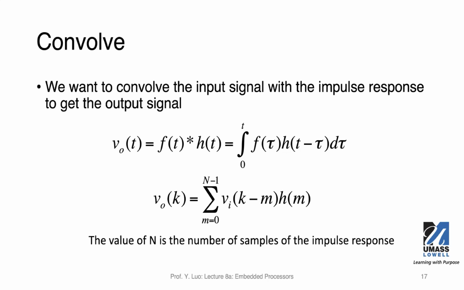Here, the capital N is the number of samples of the impulse response. Essentially, when you have the past N input signals, and with the corresponding impulse response samples, we can apply this multiplication and then do summation to calculate the output voltage.